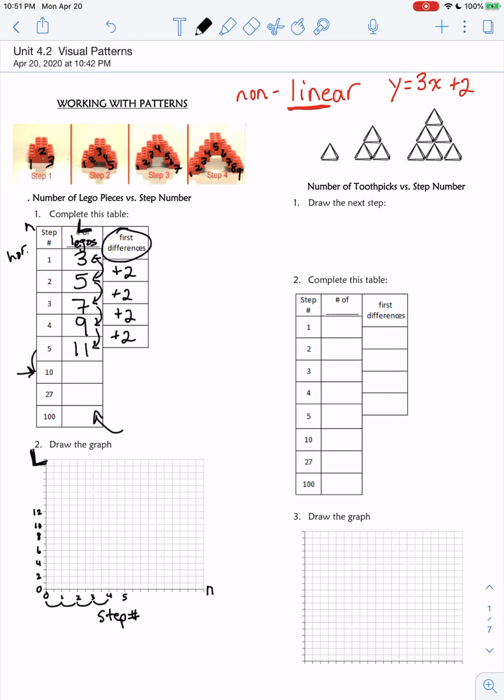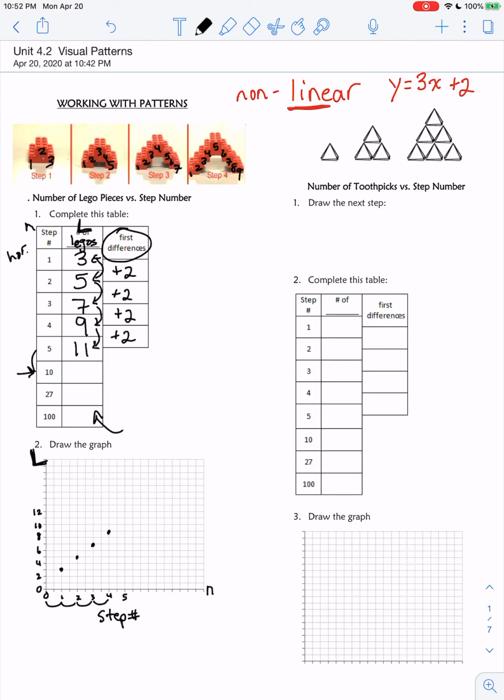So I don't have a step 0, but I have a step 1. So step 1 is at 3. Step 2 is at 5. Step 3 is at 7. Step 4 is at 9.